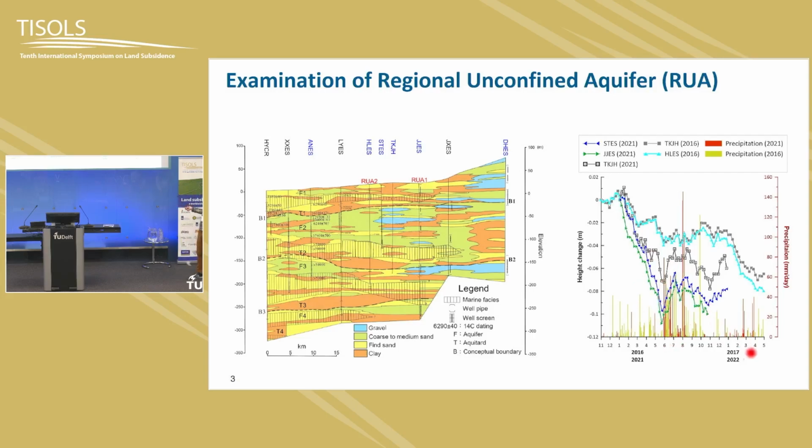And after the rain season, the ground surface rebounds about 6 centimeters. And after the rain season, it's going down again. So our ground surface looks like this. We face the subsidence and rebound because of the rain. And after the rain season, it's going to subside again.